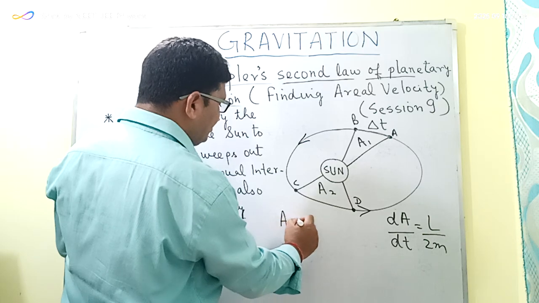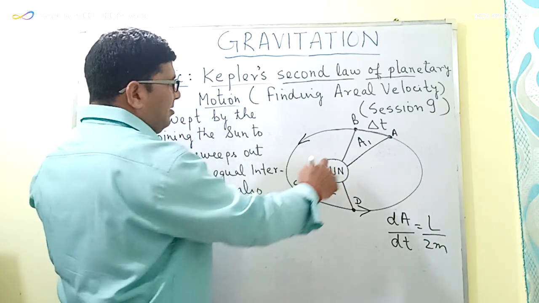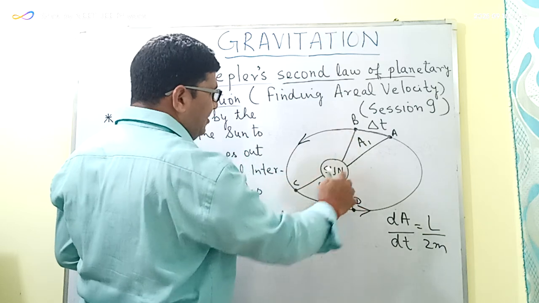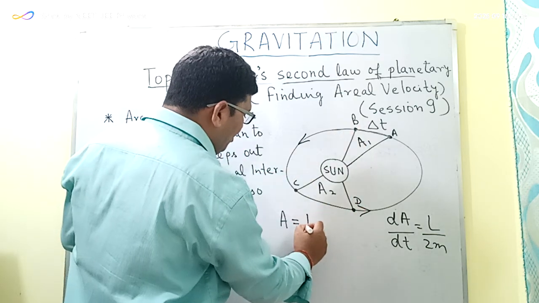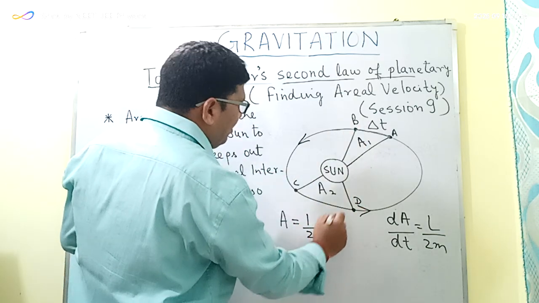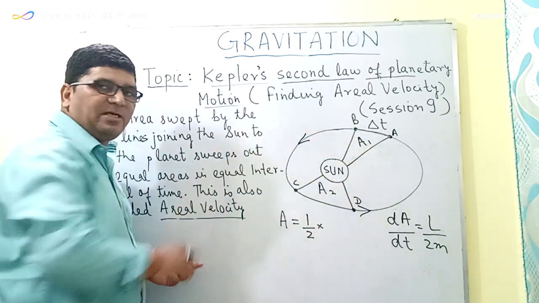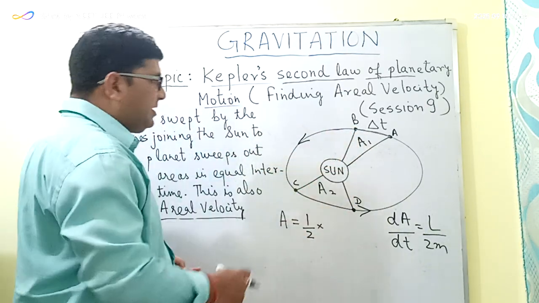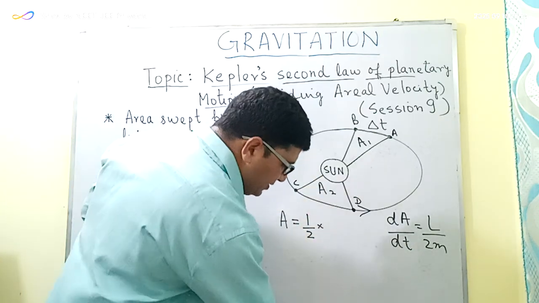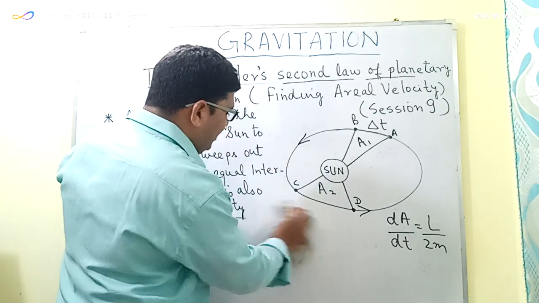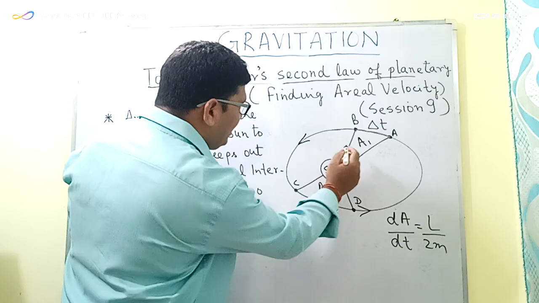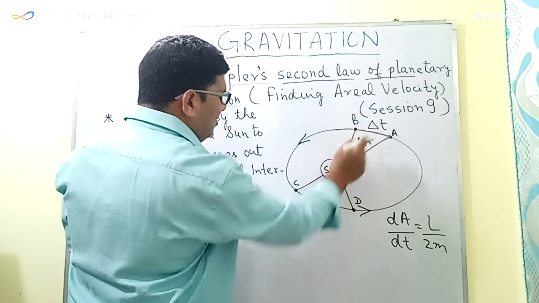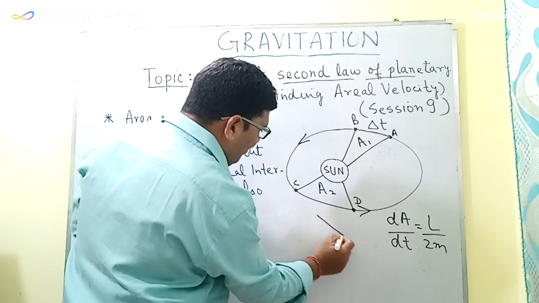let us say the area swept by the planet in moving from point A to point B in this orbit in time delta t will be equal to half into. Now, if this is a very large circular orbit, I can simply use the formula for the area of a triangle. Let me draw this portion in another diagram.